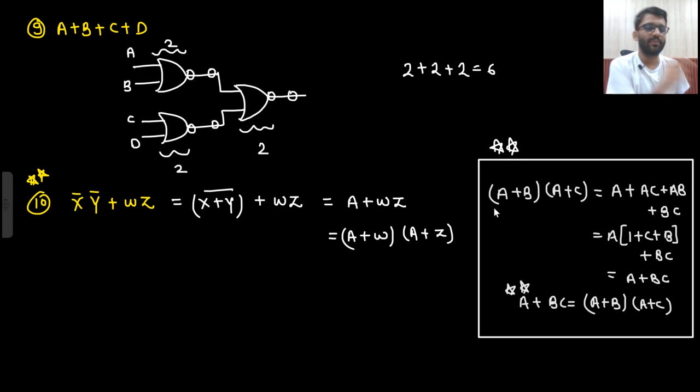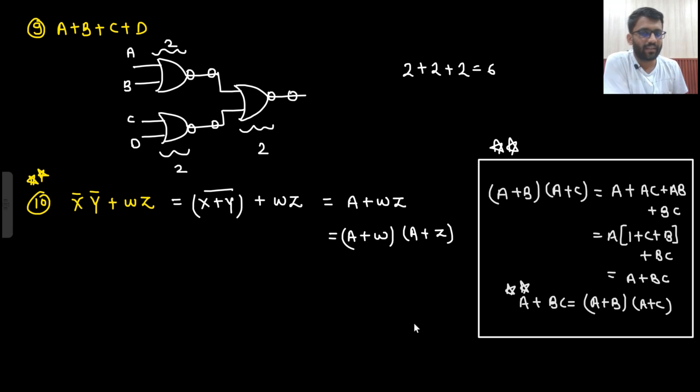But here only I told you A plus B into A plus C. So A plus AC plus AB plus BC. So A if I take common, so I am getting A plus BC. So reverse way if I am writing, A plus BC is equal to A plus B into A plus C. So A plus W into A plus Z.